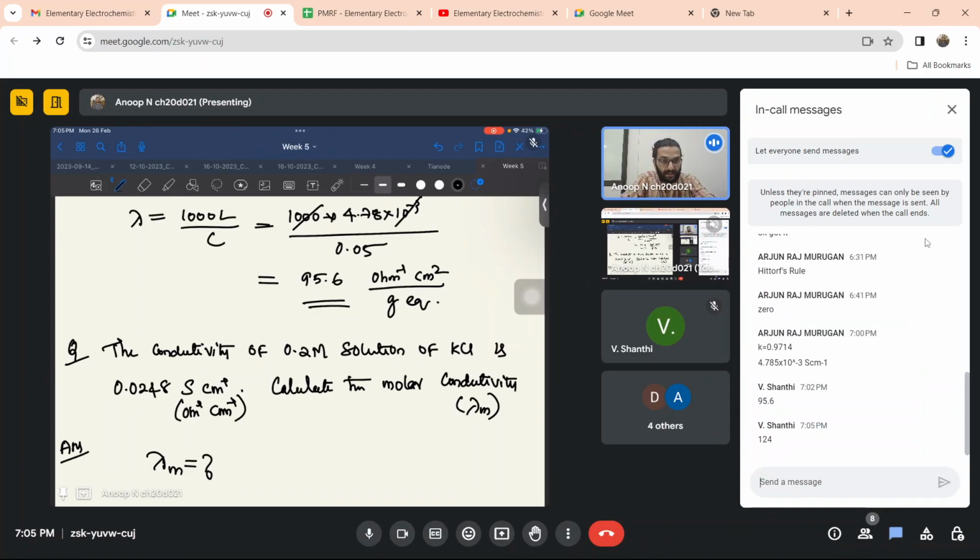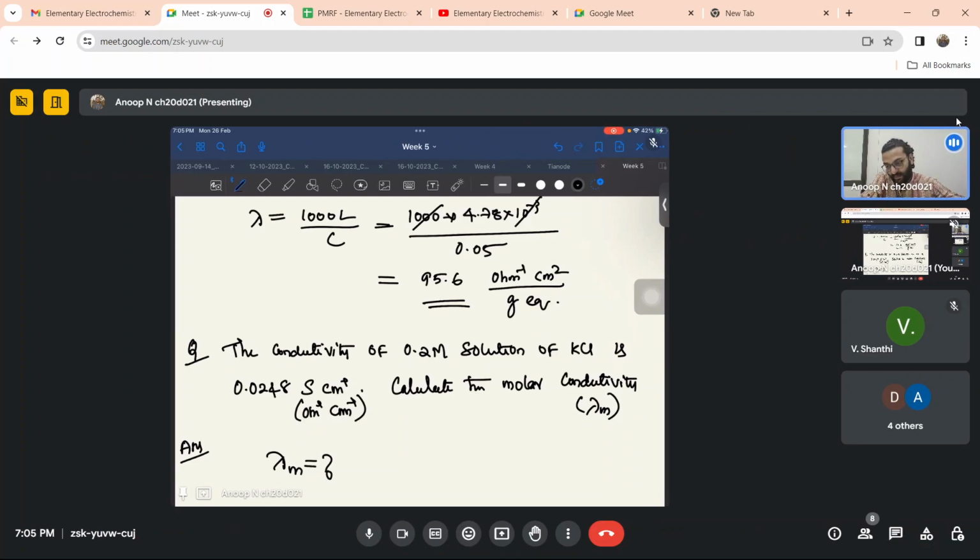Okay, someone already commented. I didn't see. Sorry. So for others, I'll just solve. Answer is 124. What is the unit? I can't see the unit here.